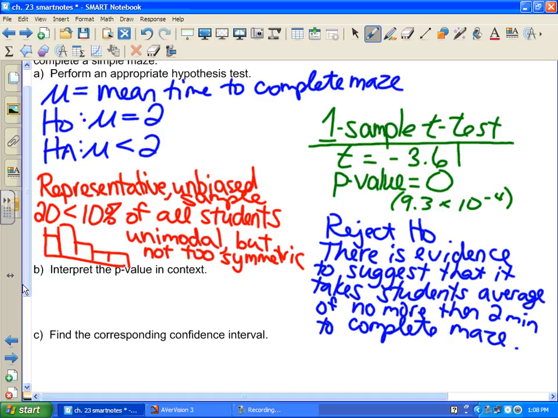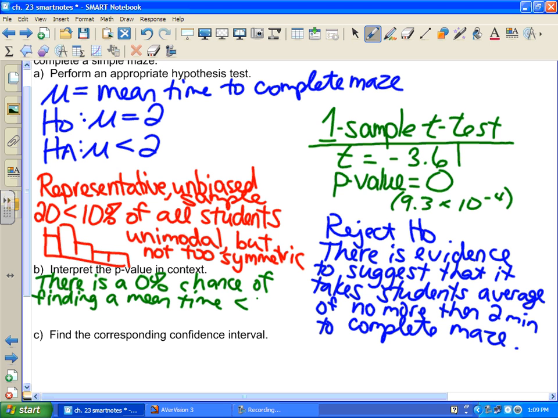Okay, what's the p-value mean? What is a p-value? It's a probability. So you could say there is a 0% chance of finding a mean time less than 2 minutes.